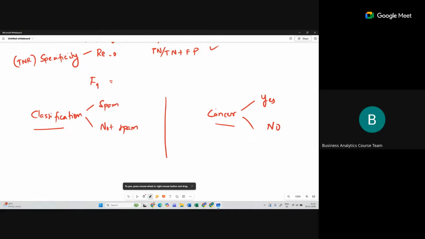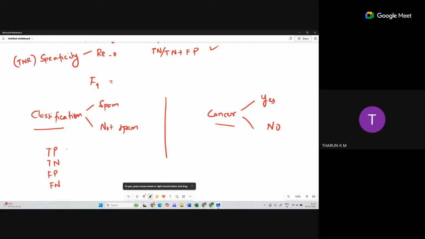Similarly, for cancer prediction, which is more important, precision or recall? Can you think about it? Okay, I'll help you. So before getting into that, what is true positive, true negative, false positive and false negative in this case for a spam email classification?